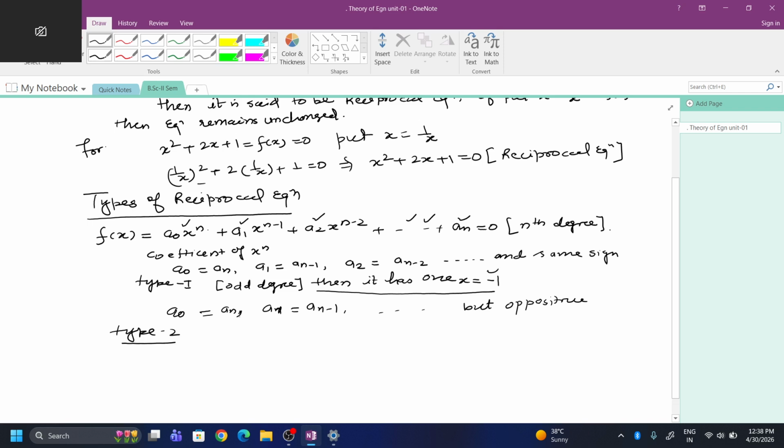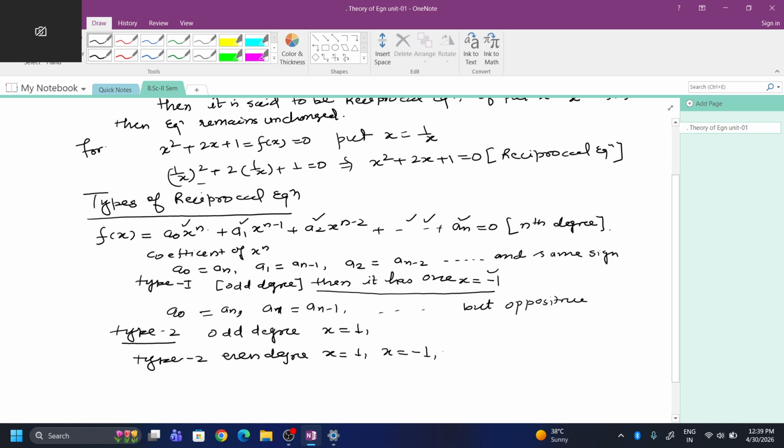If it is type 2 of odd degree, then x = 1 is a root. And suppose it is type 2 of even degree, then there are two roots. The first root is x = 1 and the second root is x = -1.